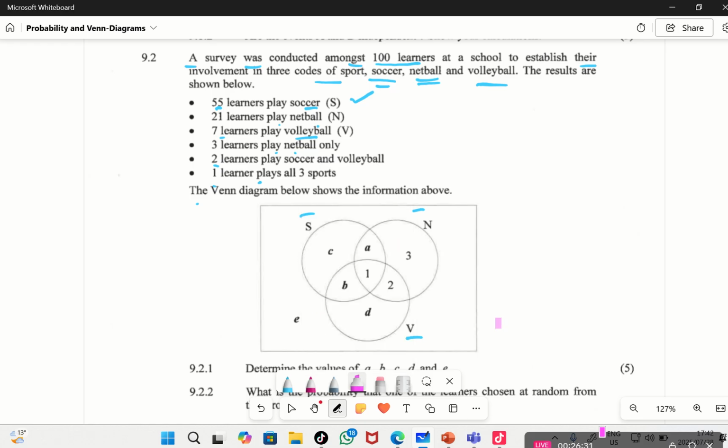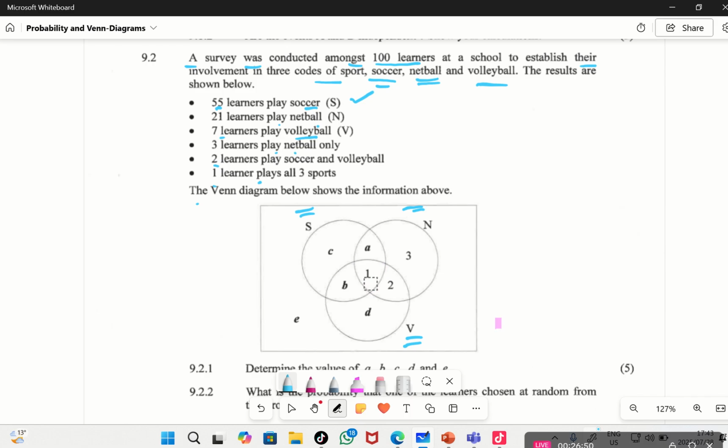Okay, this region here means the number of learners who do all three sports: soccer, netball, and volleyball. Why? Because all of the circles cover the one.